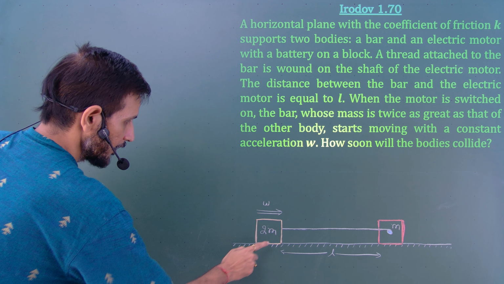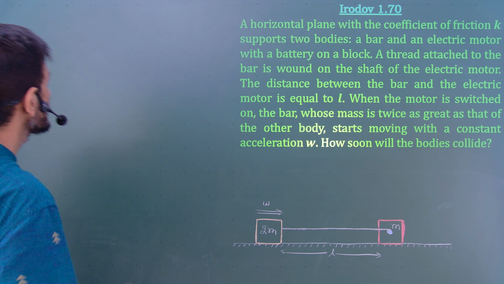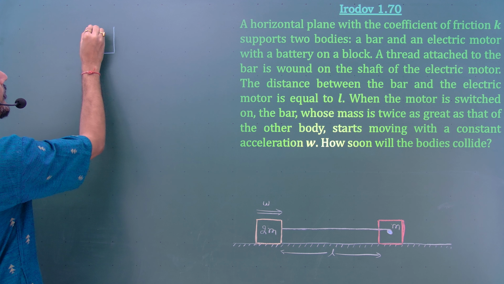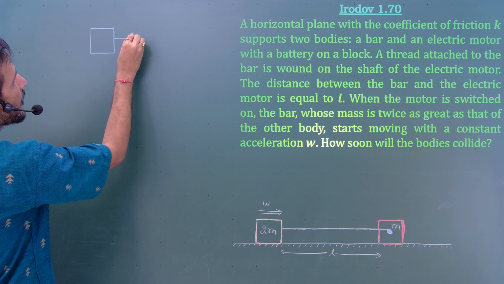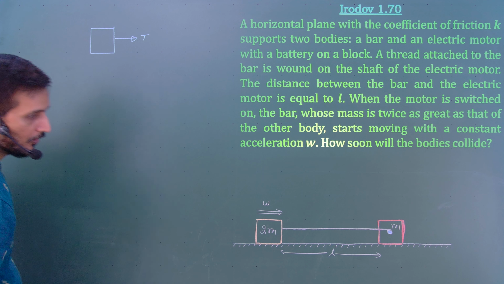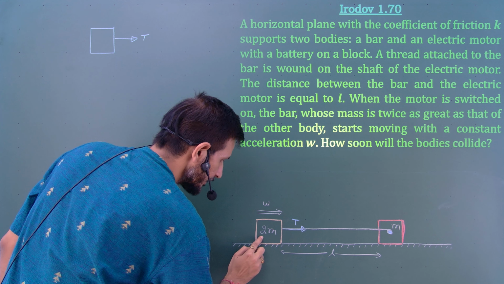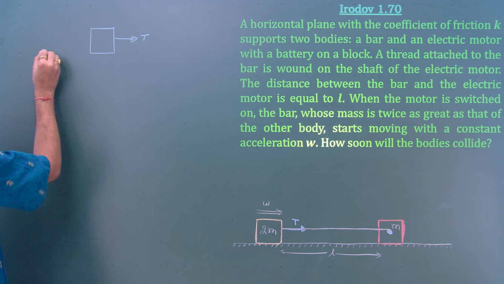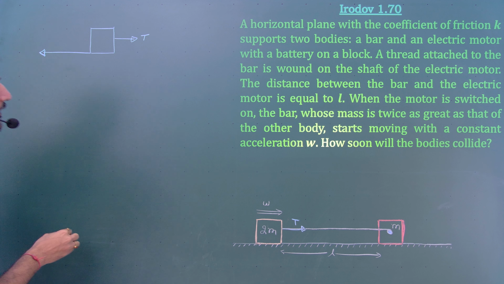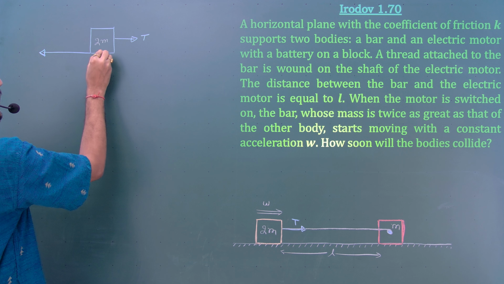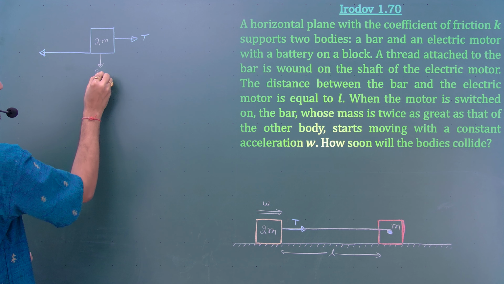What is the case? Let me first draw the free body diagram of this 2M. So on this 2M, there will be a tension force in this direction due to this thread, and when this block moves in this direction, a friction force will appear in the minus x direction. What is the friction force? The mass is 2m, so mg is 2mg.